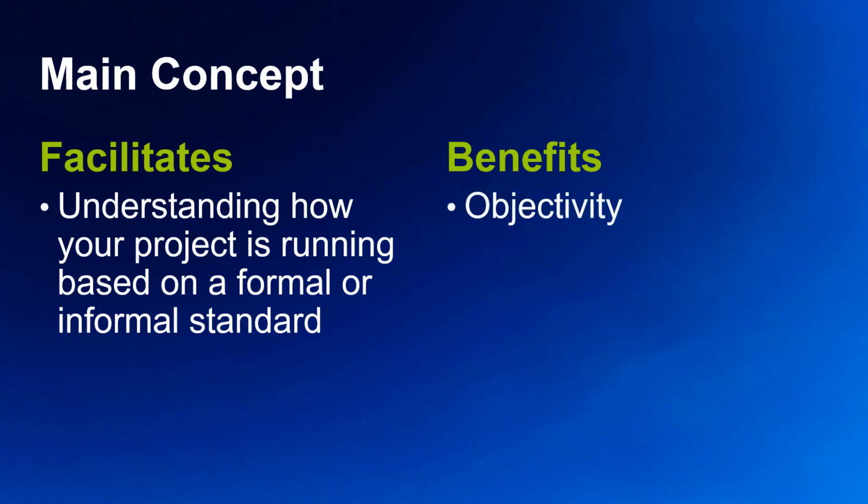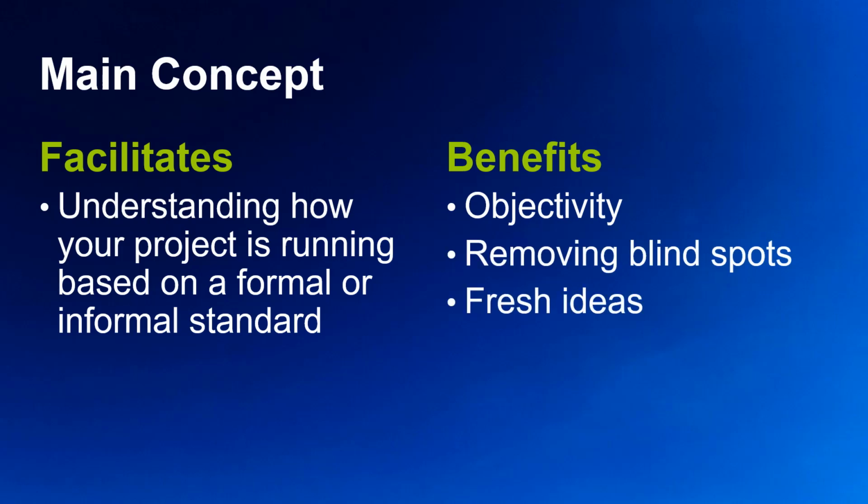First, the primary reason to conduct one is to bring an objective view of the project's status. This helps to remove blind spots and brings fresh ideas to the project. In the end, there is a level of validation on whether the project is heading in the right direction to deliver maximum value.